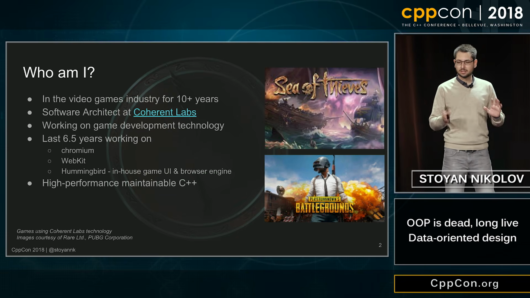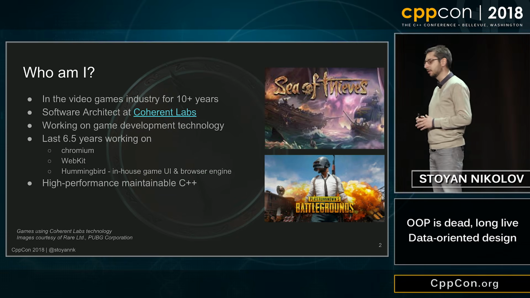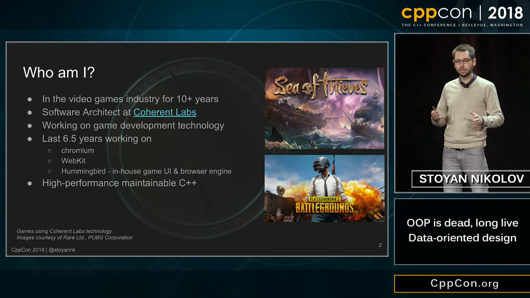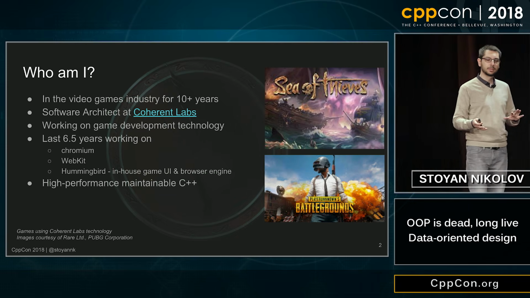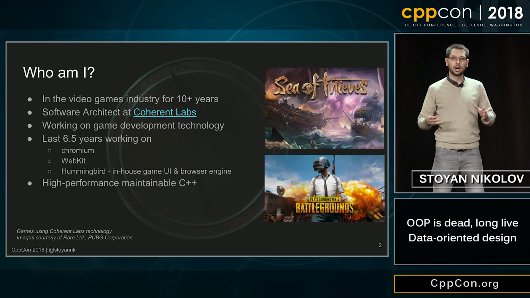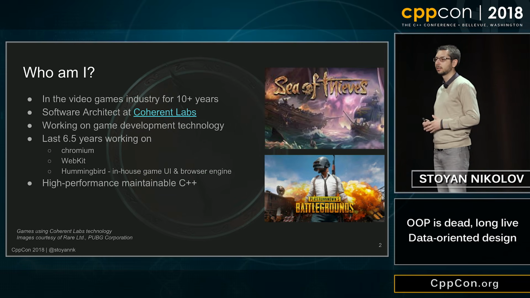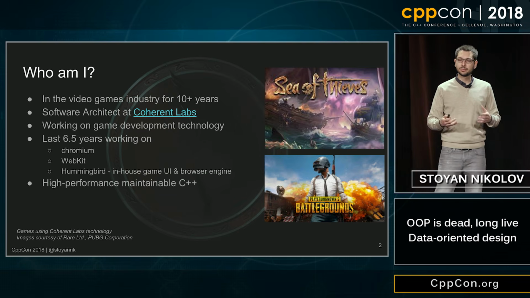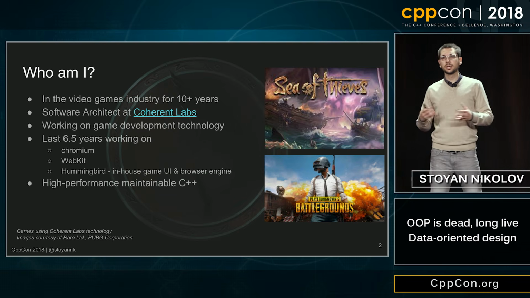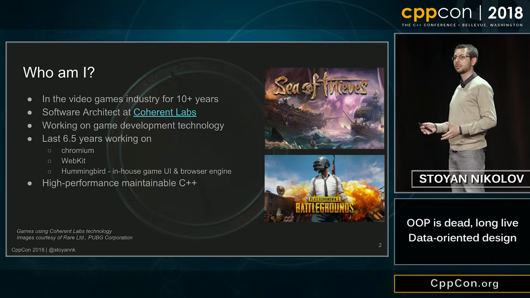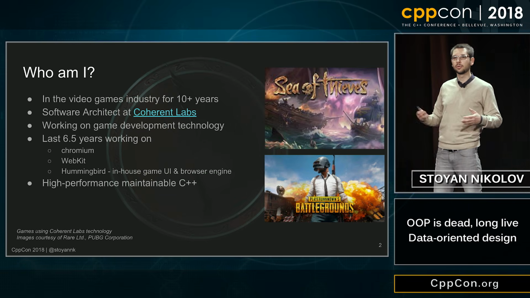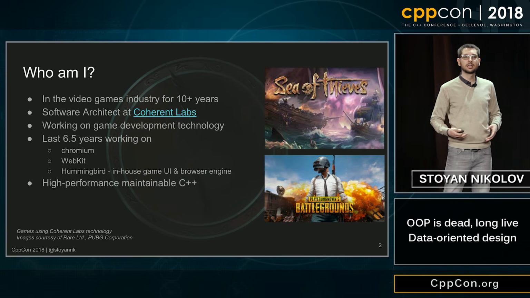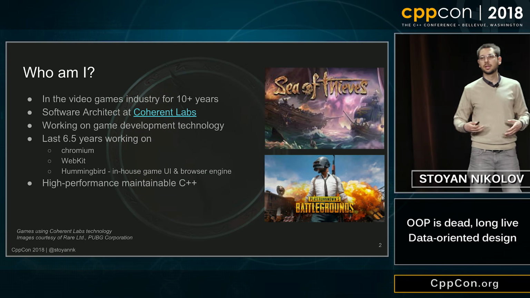For the past 6.5 years, we've been working on products based on Chromium, WebKit, and now our in-house proprietary game UI and browser engine. If you're not familiar with the terms, Chromium is the open source project at the heart of the Chrome browser, of Slack, of Skype, and many other applications.